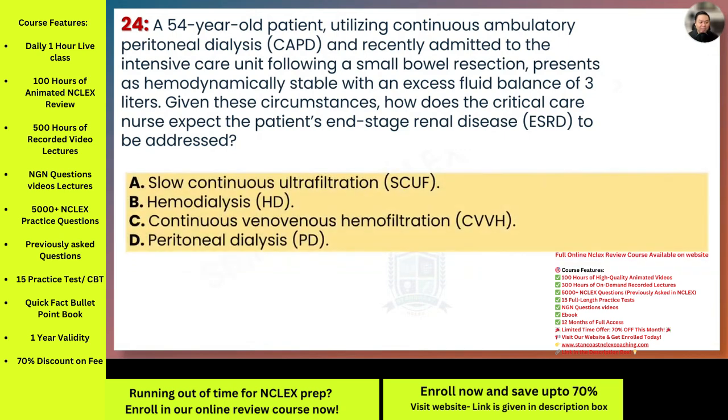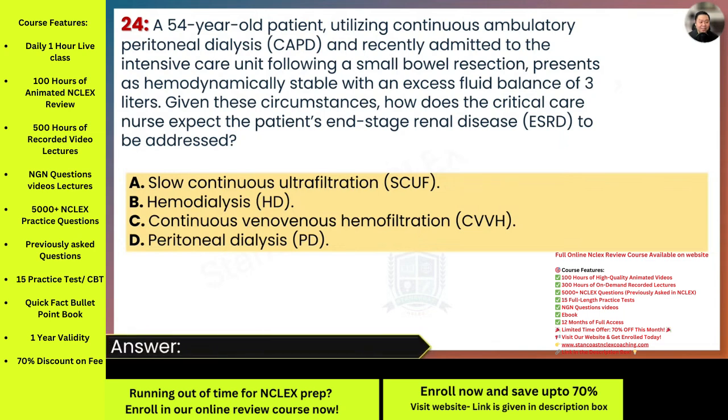Options: A, slow continuous ultrafiltration, or that is known as SCUF. B, hemodialysis. C, continuous veno-venous hemofiltration. D, peritoneal dialysis. The answer is letter D, or B rather, hemodialysis.